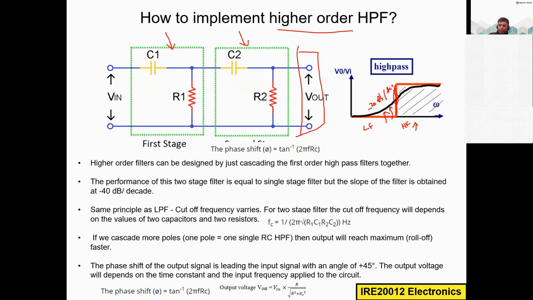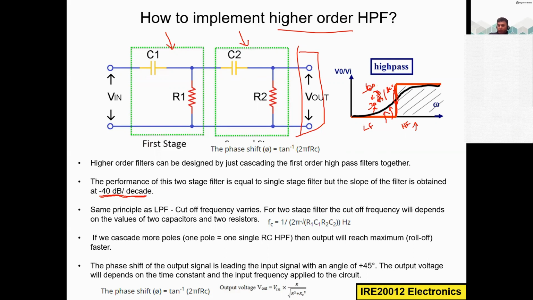For the second order filter, you just multiply this by 2, so it will be 40 dB per decade. Remember this. And if you design a third order filter, then this 20, the base value, is multiplied by 3, so it will be 60 dB per decade.